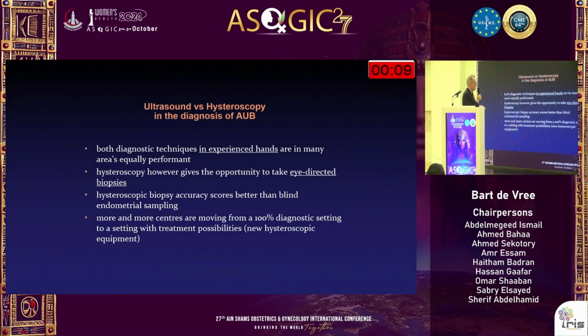Okay, so to end my presentation, I think both diagnostic techniques, ultrasound and hysteroscopy, in experienced hands are in many areas equal in the diagnosis of abnormal uterine bleeding. But hysteroscopy, of course, has the opportunity to take eye-directed biopsies.